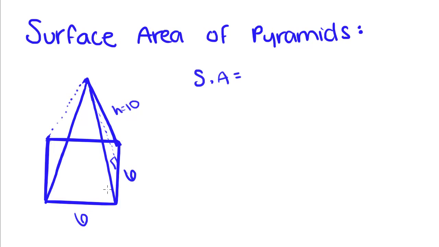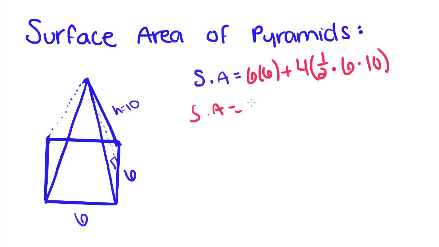So we have a square base, 6 by 6, and a height of 10. Now, what we're going to do is we're going to find the area of the square. So 6 times 6 plus 4 times 1/2 times base times height.